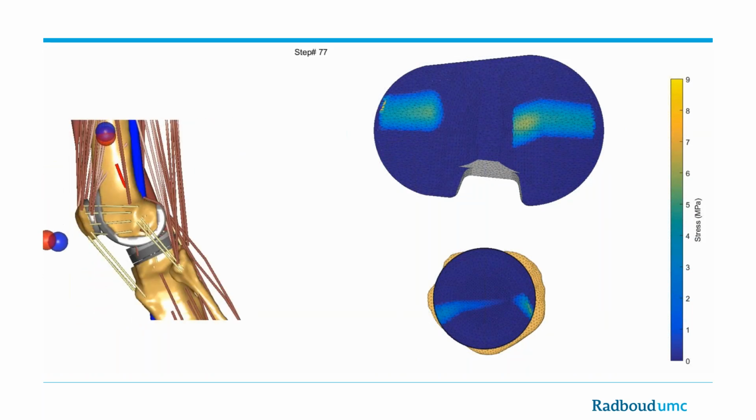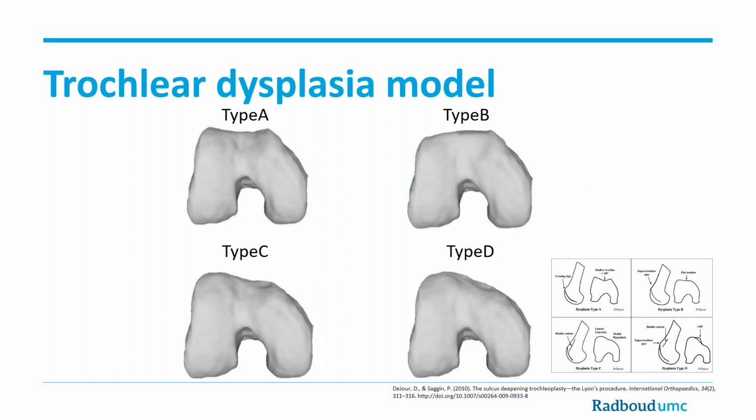So to go back to the patellofemoral problem with which we started, we took the trochlear dysplasia into account, and we made modifications to the original cadaver model so that we can simulate typical dysplastic trochlea according to a well-known classification made by Dejour. So we used Mimics to actually deform the surface of the trochlea, so as to resemble the 4 types of trochlear dysplasia as classified.